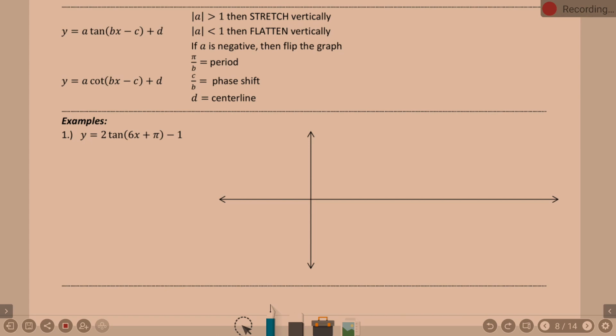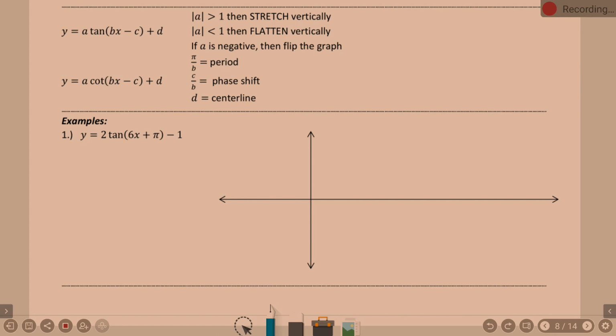Now, in the past, A has been our amplitude. See, you remember stuff, okay? It's our amplitude. How far up or down we count. Well, those tangent and cotangent graphs, we're not really counting up and down, are we? So A is going to be our stretch or compression, technically. Okay, so if A is a number out in front, if the absolute value of A is bigger than 1, it's going to stretch it, okay? That means it's going to be a taller, skinnier graph, and I'll demonstrate, okay?